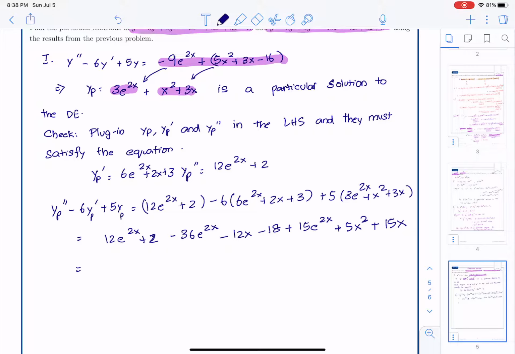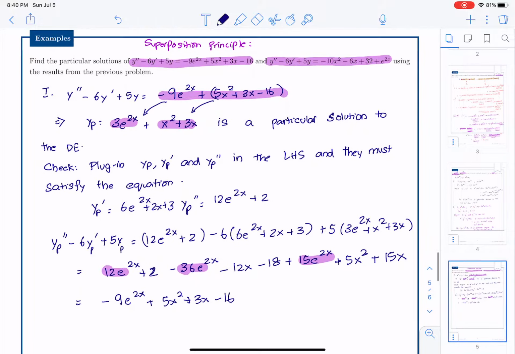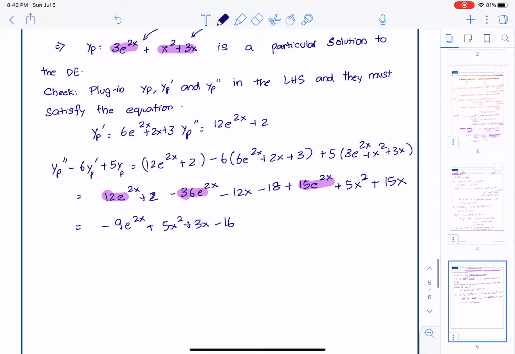When I combine those, I would end up getting minus 9 e raised to x. When I combine the x terms, I would get 3x. When I combine the numbers, I'd have 2 minus 18, which is minus 16. And that matches up with what's given in the problem, the right-hand side.